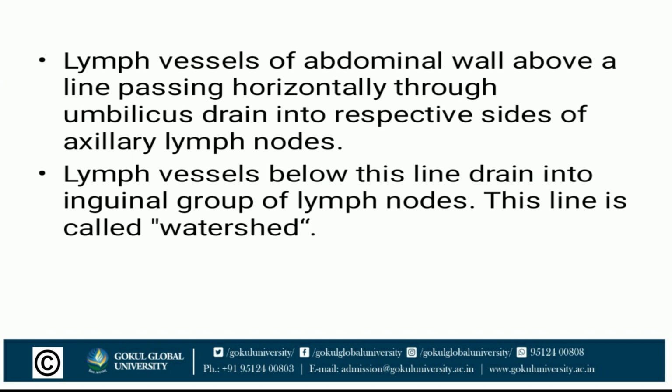Lymph vessels of the abdominal wall above a line passing horizontally through the umbilicus drain into the respective sides of the axillary lymph nodes. Lymph vessels below this line drain into the inguinal group of lymph nodes. This line is called the watershed line.